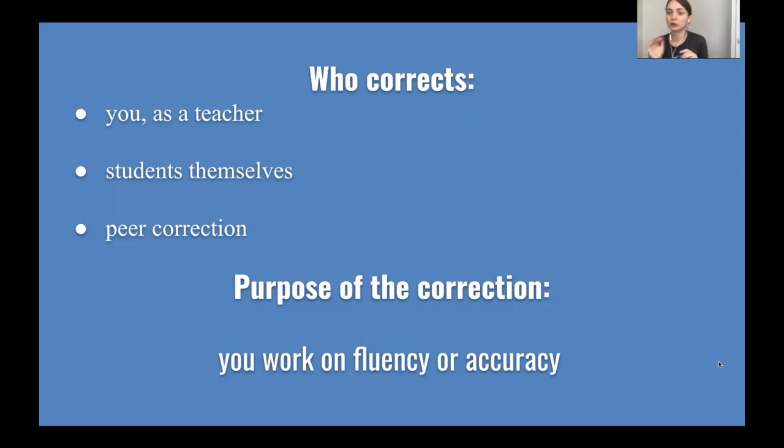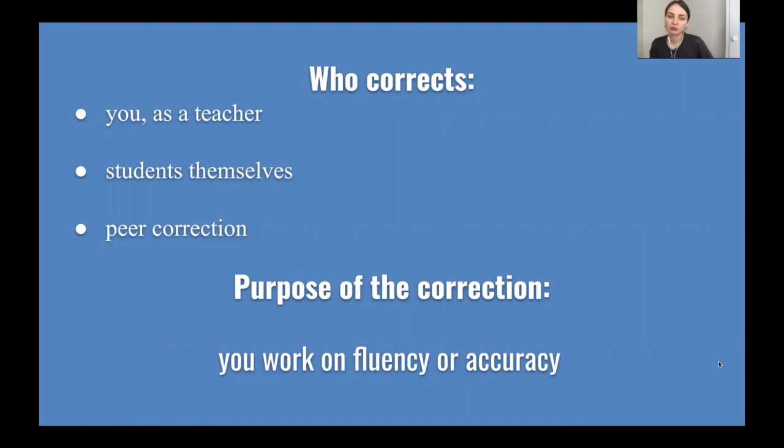You may point, you may use some facial expression for your student, and your student understands that this is a mistake and corrects himself or herself. And it can be a peer correction if you are working in a group and one of the students speaks, other students are listening, and then you ask one of the students to correct their peers' mistakes. And I know that if we're working in Skyeng, only few of us really work with groups.